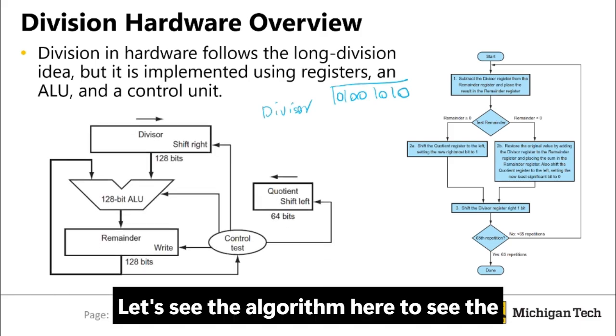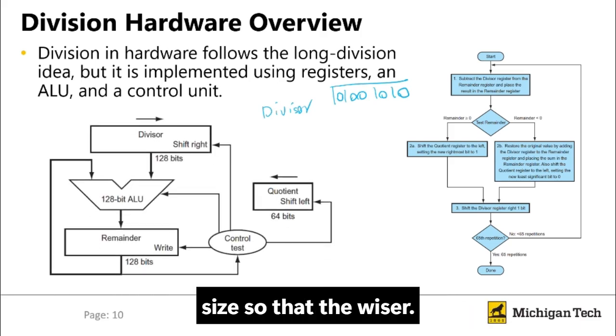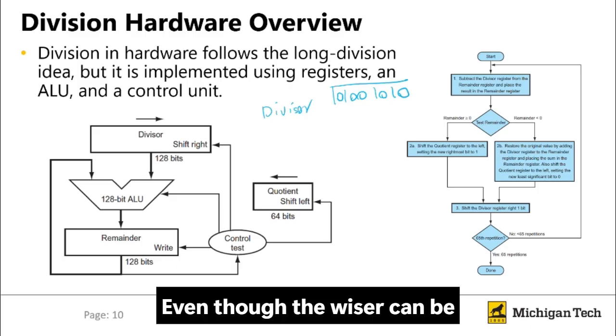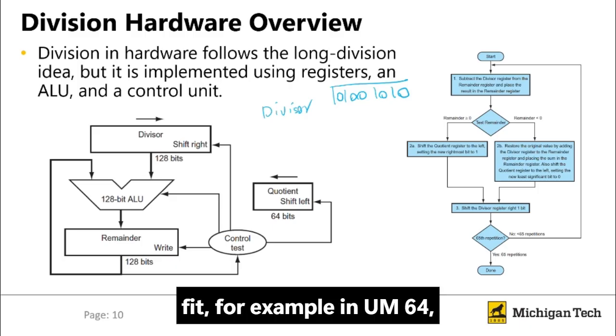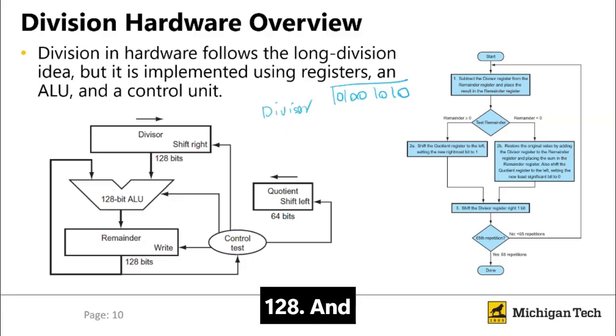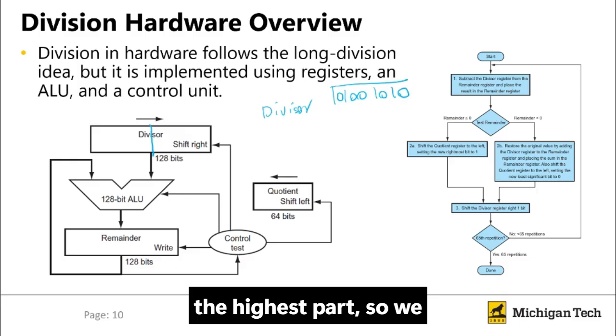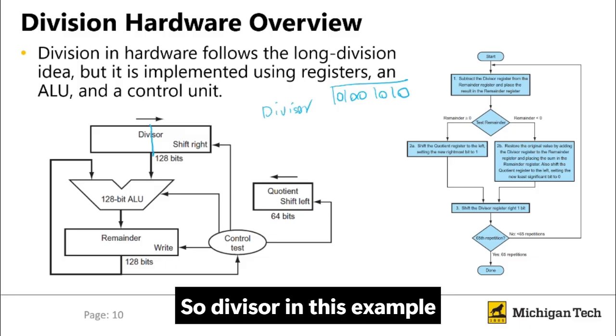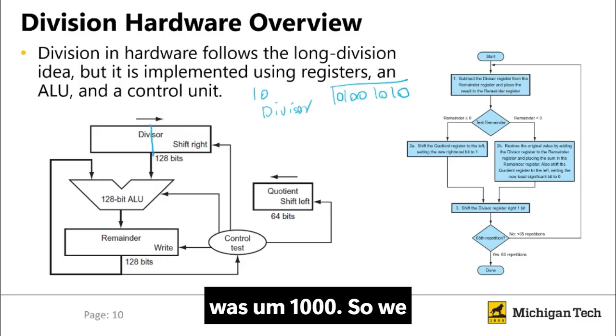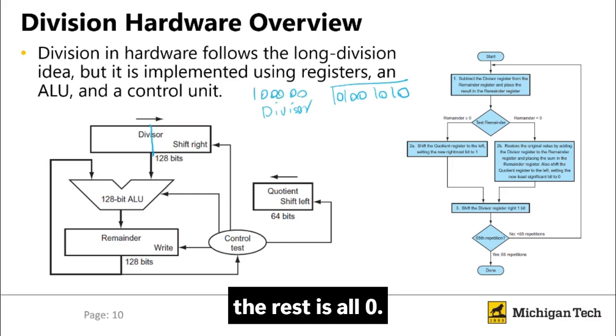Let's see the algorithm here to see the size. Even though the divisor can fit, for example, in 64 bits, we need to consider 128, and we put the divisor in the highest part. We do the same way here. The divisor in this example was 1 0 0 0, so we put it in the high part, and the rest is all 0.